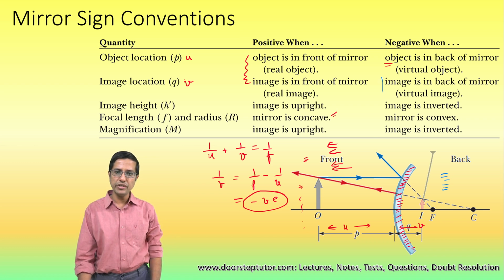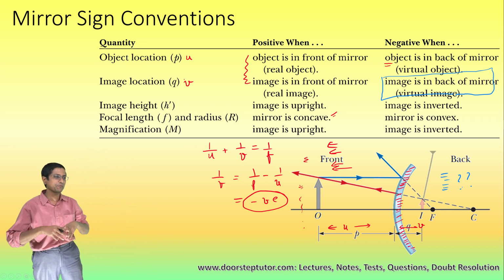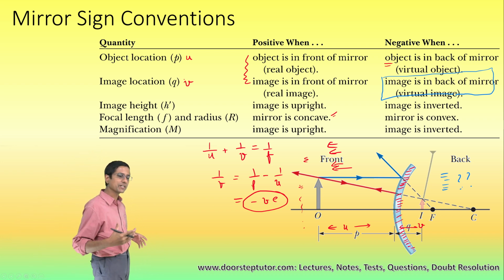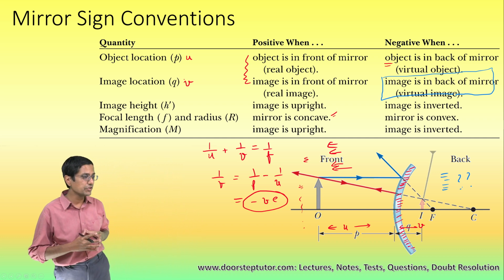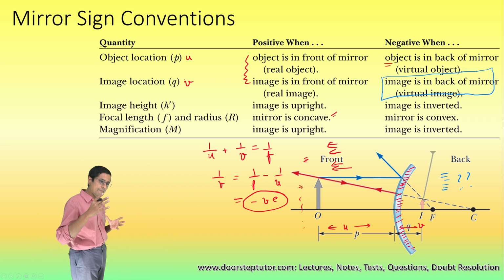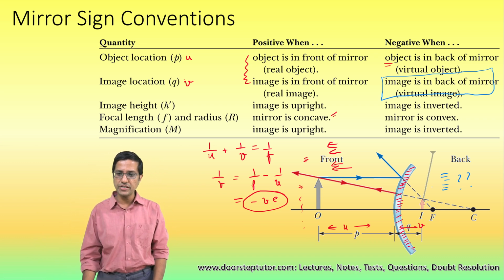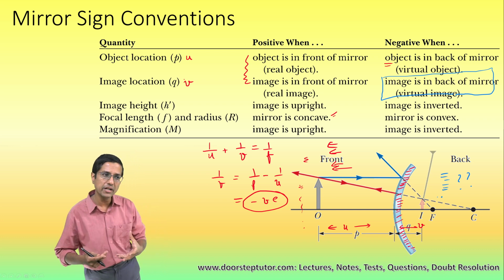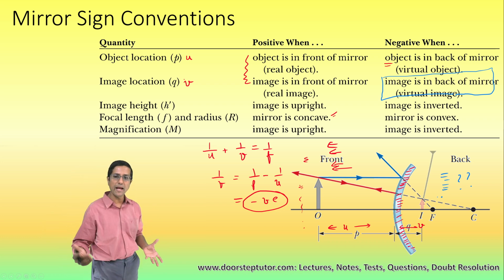What about the negative object? How would we ever place the object on the back side of the mirror? How can the object distance ever be negative? When we solve questions in which multiple mirrors and multiple lenses are involved, sometimes the object for one mirror comes out to be on the back of that mirror.